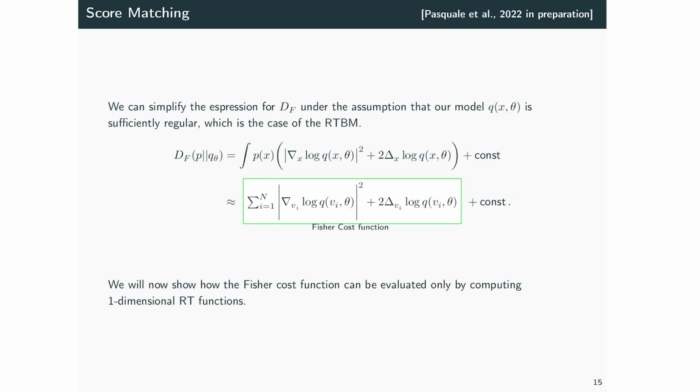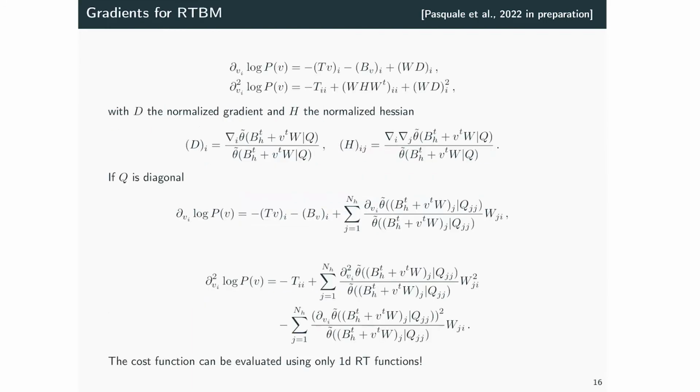And now I will show you how we can compute everything just by using the one-dimensional Riemann theta function. It is quite easy to find this expression. The derivative of the log of p with respect to vi is this sum of terms, and the second derivatives can be computed quite easily in the same way. And this d and this h here are the normalized gradient and the normalized Hessian.